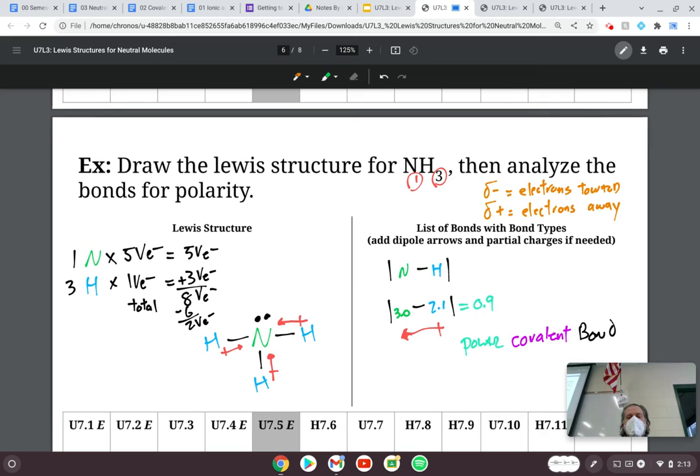Now, in this case here, the hydrogen is where the electrons are being pulled away from. So these are all going to be delta positive, like that, which means that nitrogen will be delta negative. And in theory, you should probably draw 3 delta negatives, but it's kind of overkill because it's the same. Questions about this so far?